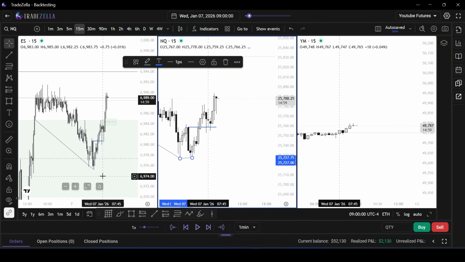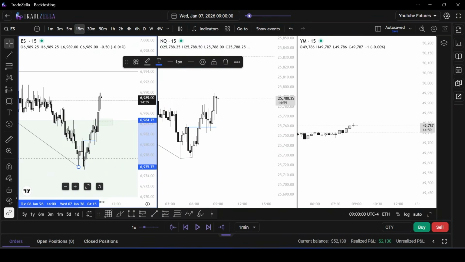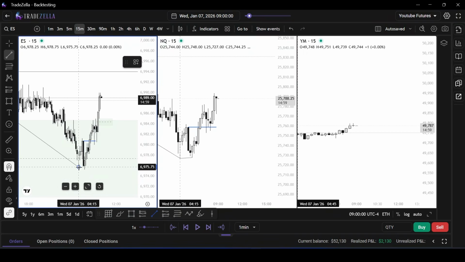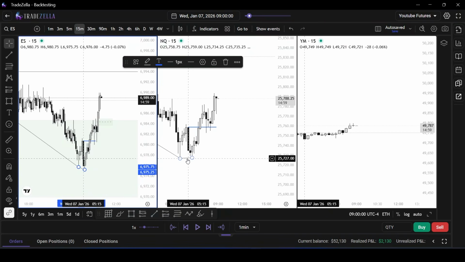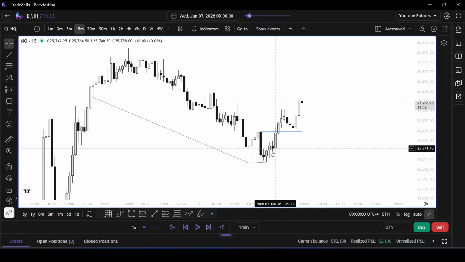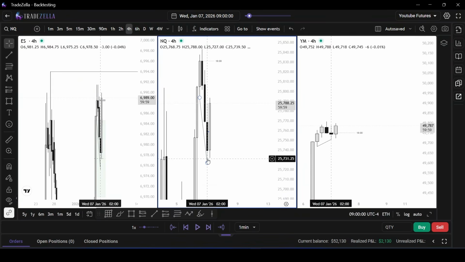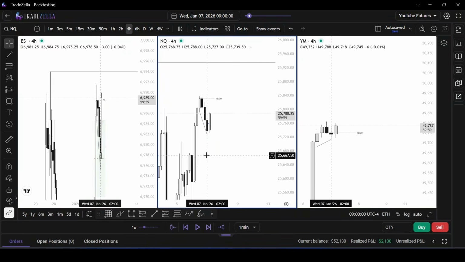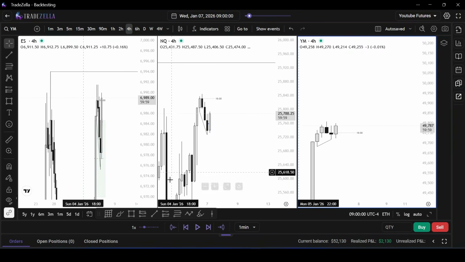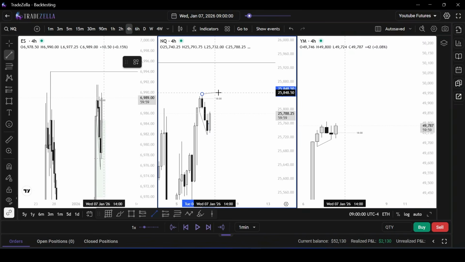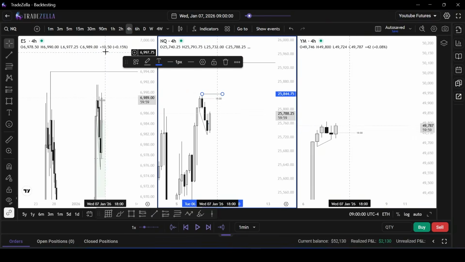So you can see that it took this low here, but on the other asset we did not take that low, so we have a strength switch there, which is good. So it'll make sense to trade this asset. So we trade in C3. Just here it's not really like a C2 closure if you look at it on NQ, but it is a C2 closure. So we can take a trade on NQ into this high, right?